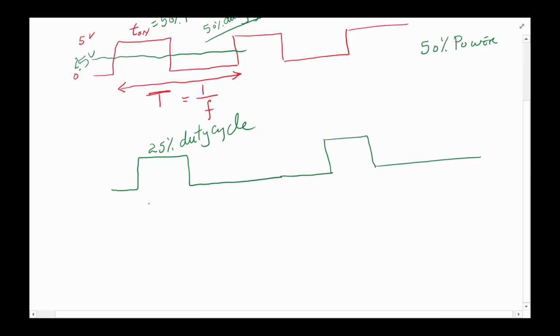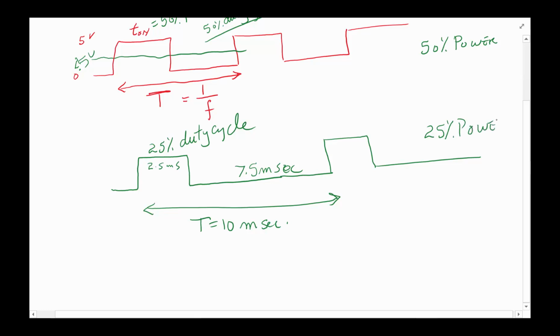So in this case, let's say the period is set to be 10 milliseconds, which means 2.5 milliseconds is on, and then 7.5 milliseconds is off. So in this case, we are delivering 25% power to our system.